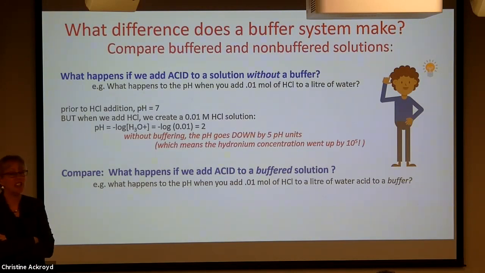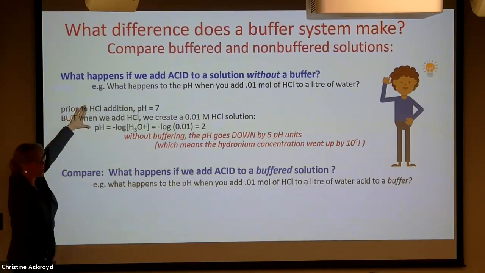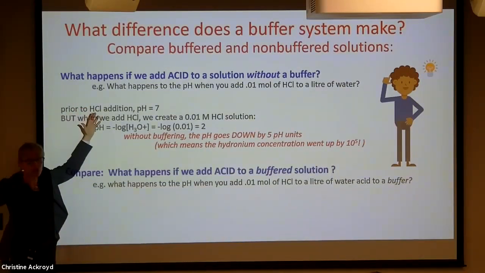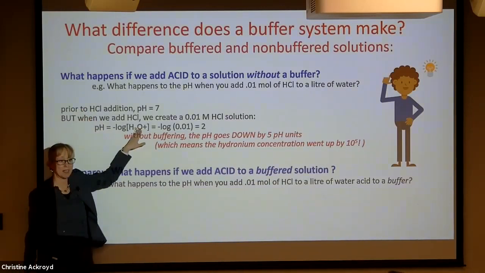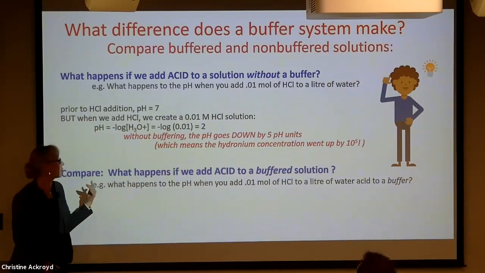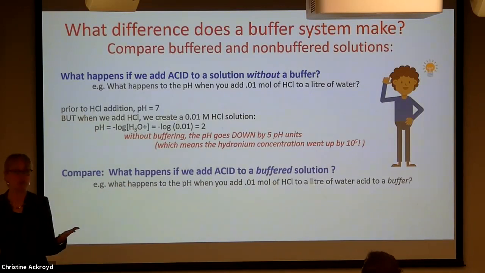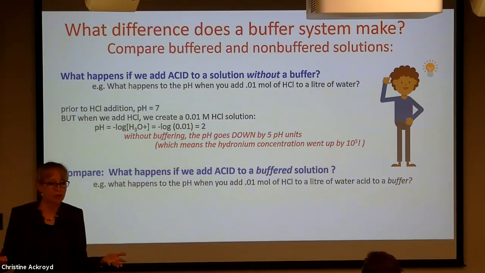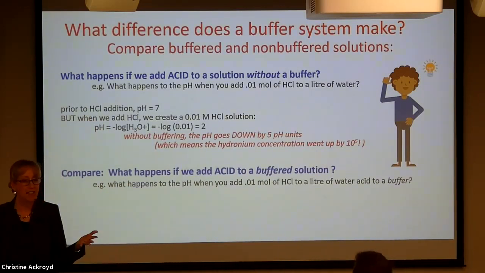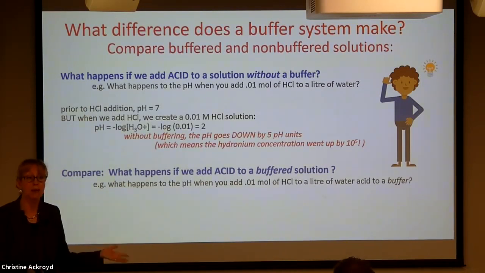When we add our HCl, what's that HCl going to do? Will it react with water? So up here, the HCl reacts with water to produce a whole bunch of hydronium, which is why the pH changes so much, right? But when we add the HCl to a buffered solution, what is the buffer? What's the reaction? The acid is going to react with the strongest base present.